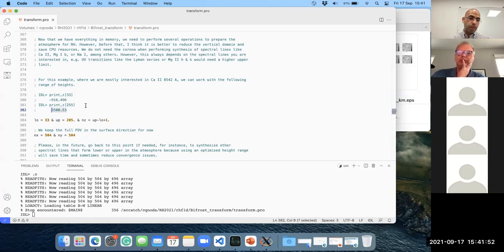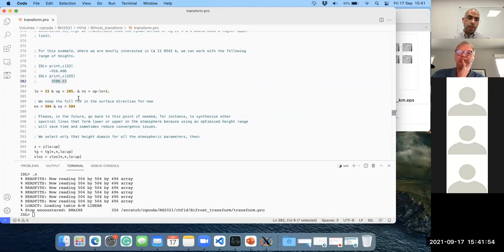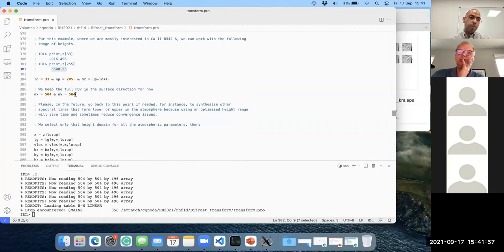Okay, so based on that, I define an index where I'm going to cut the atmosphere, but I keep the full spatial domain just to have it for later, and then in the next class we can decide whether to focus on a small region. But in this case, I will save everything.